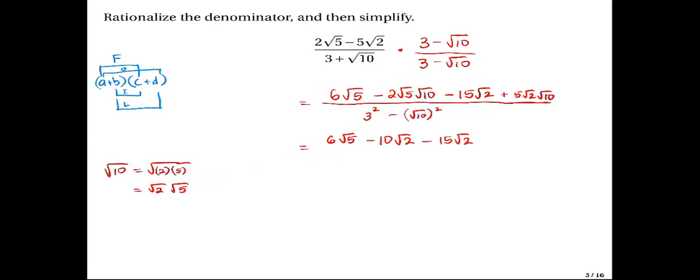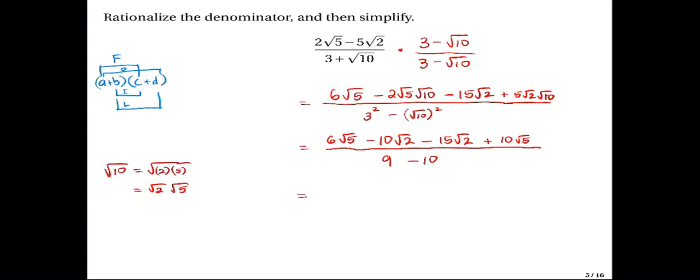And for this one here, again, we have square root of 2 and the square root of 2 in here. So we have square root of 2 times square root of 2, so that's just times 2. So 5 times 2, we will have plus 10, and we have here square root of 5. And on the denominator, we have 9 minus 10.